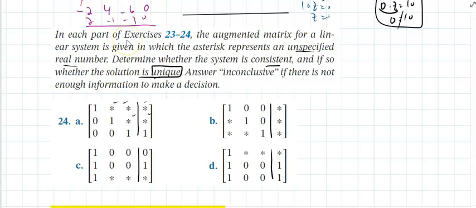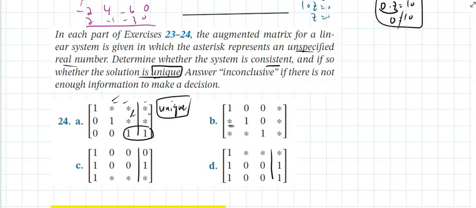Now, A, there's a solution right there, right? Say that x3 equals 1. If you plug it in, no matter what this number is, x1 will work. So this has a unique solution. B, no matter what this number is, x3 equals that. x2, no matter what that number is... let me go backwards.